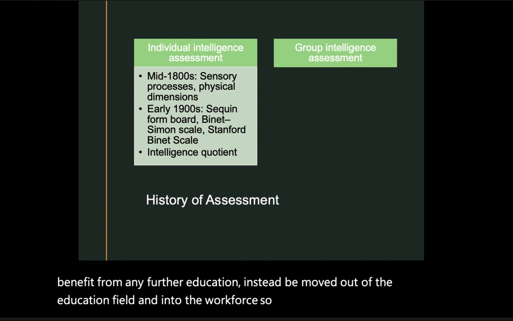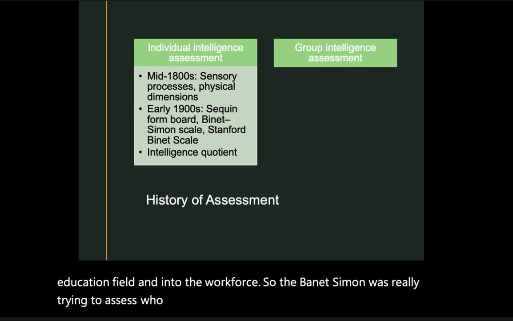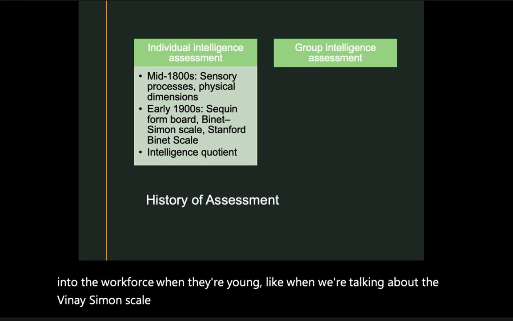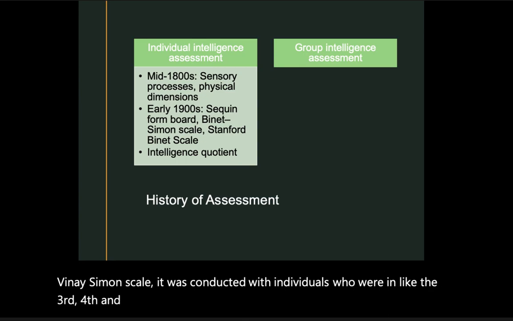So the Binet-Simon was really trying to assess who should continue going to school and who should go into the workforce when they're young. The Binet-Simon scale was conducted with individuals who were in about the 3rd, 4th, and 5th grade.